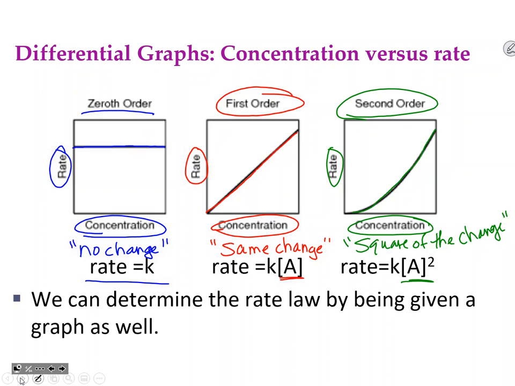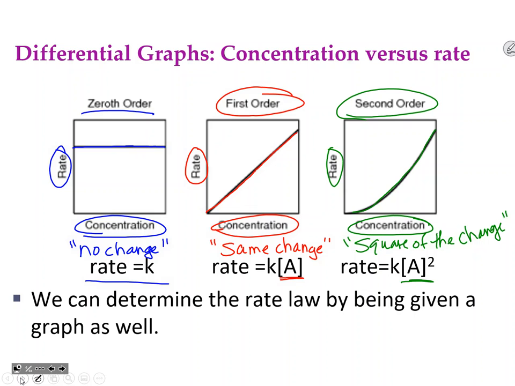The reason why I point these graphs out now is because notice the rate is on the Y. They can find themselves into multiple choice questions very easily. And you're expected to know, if it's talking concentration versus rate, what those trends should look like. That's talking about it in terms of the differential rate law.